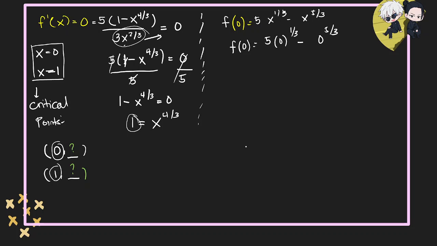So, what is that in our calculator? 0 raised to 5/3, what's the answer? The answer is always 0. So, 0 pa din, no? Ibig sabihin, meron siyang critical point at point 0.